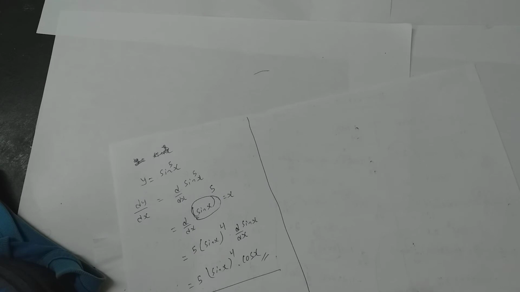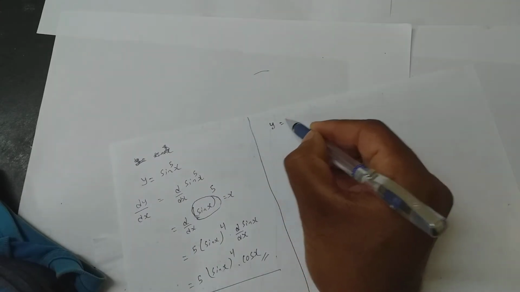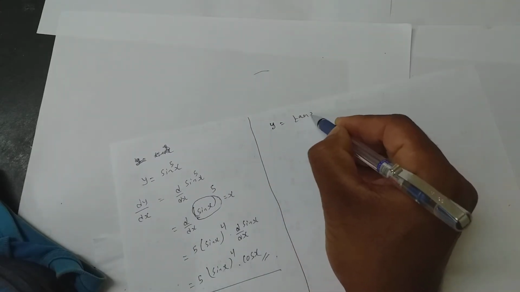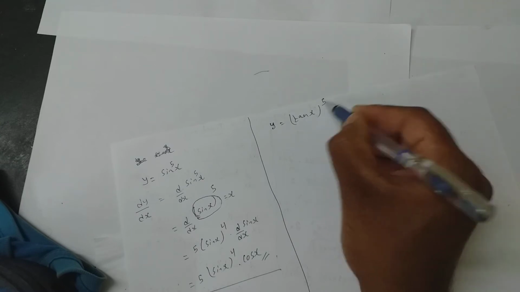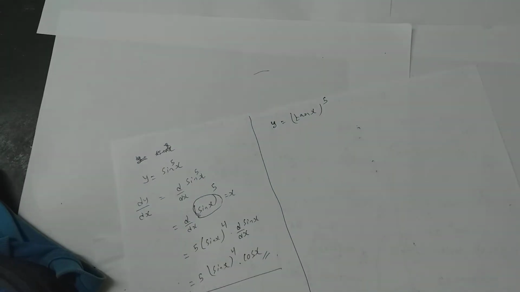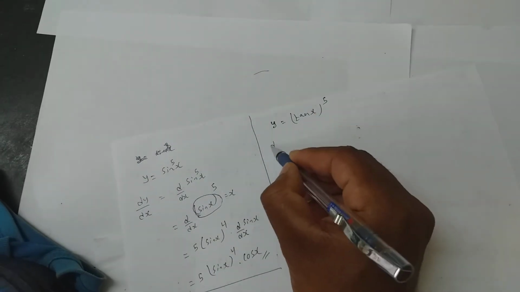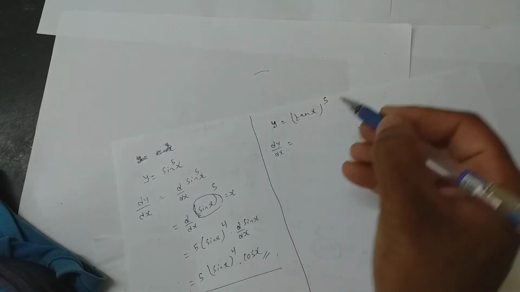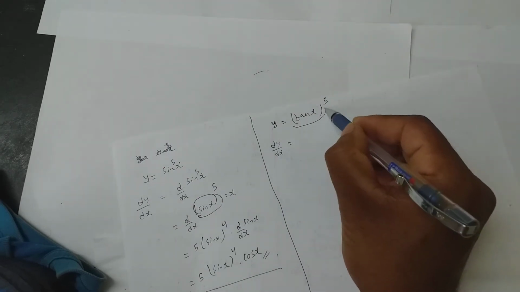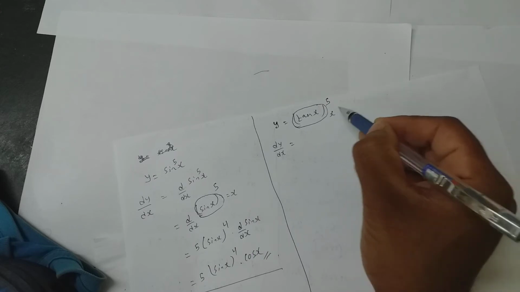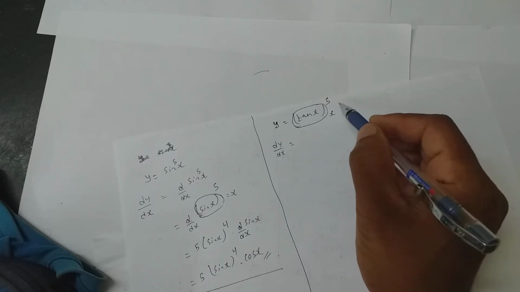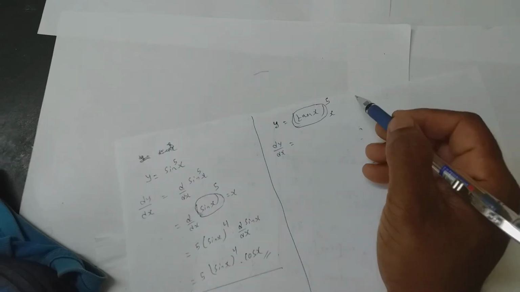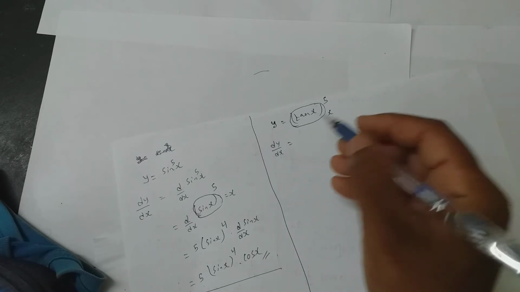Now one more example. If it is y equals tan^5 x, then how will you differentiate? Again the same thing, dy by dx equals, you will assume tan x to be x. So now it is of the form x^5. What is x^5 differentiation? 5x^4.